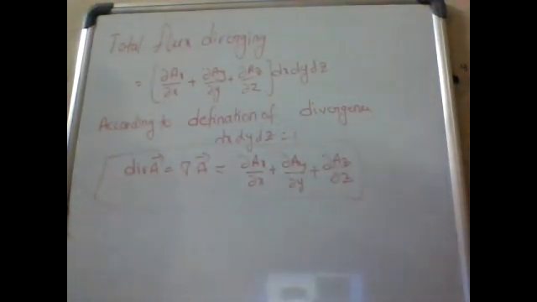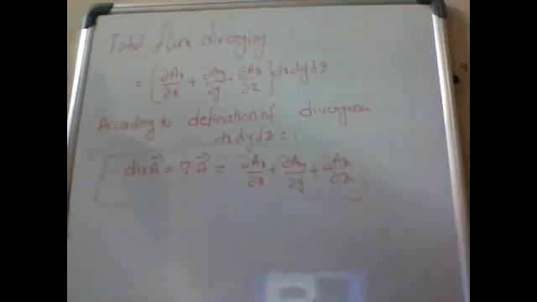After that, the value of vector A bar at the center M is A suffix X plus dou A suffix X by dou X into dx by 2. Similarly, the value of A bar at the center N is A suffix X minus dou A suffix X by dou X into dx by 2. So one is final value and one is initial value. The value at center M is the final value and at center N is the initial value.